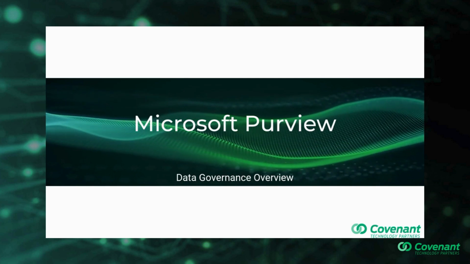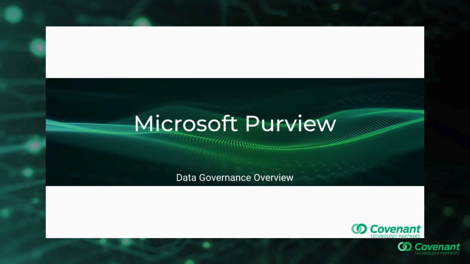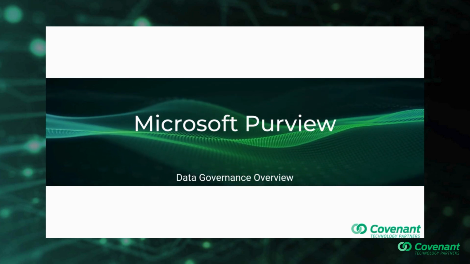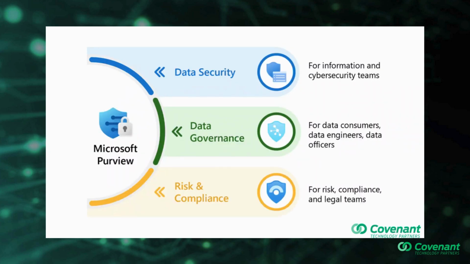Yep, good afternoon, everyone. So I am planning on picking this up where Chris left off here. We are circling back a little bit to those three organizational pillars for Purview. And specifically, I'm going to be looking at the data governance side of this. There is a fair bit of overlap with some of these tools, especially when we get into, let's say, some of the sensitivity labels for data and so forth.